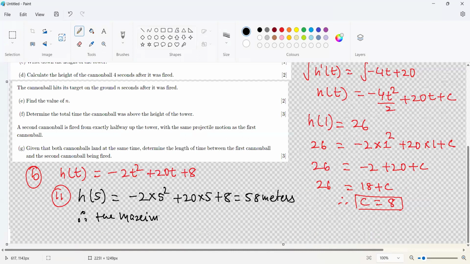The maximum height reached is 58 meters. Okay.